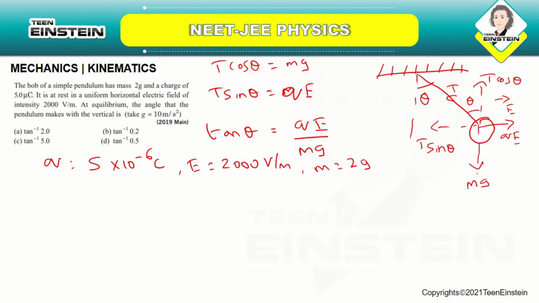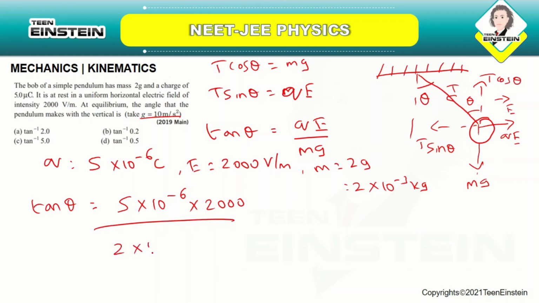So you know the values of g, so you can substitute here. g is 10, that's what they have given you here. You have to convert 2 grams into kilograms, so it will become 2 into 10 power minus 3 kg. So you substitute all the values here. Tan theta will be equal to 5 into 10 power minus 6 into 2000 divided by 2 into 10 power minus 3 into 10.